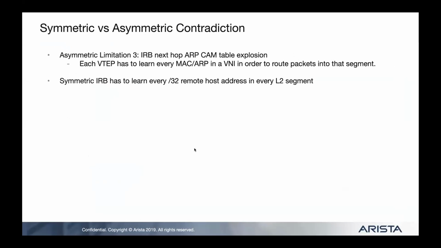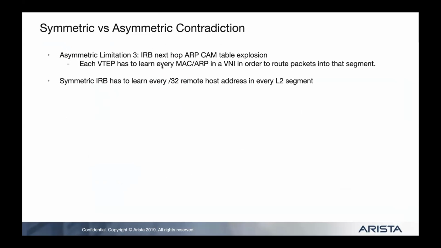But symmetric has one problem, or we can say disadvantage: you have to have a /32 route for all the hosts. So your route table will now be large.